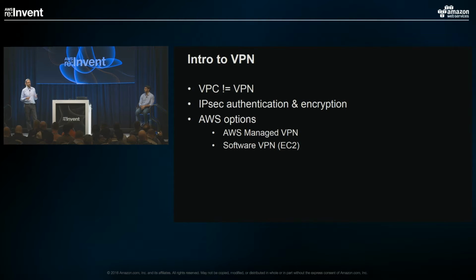This provides you with a very simple, quick, secure encrypted connection into a VPC. And then there's software VPN, which is essentially running a virtual VPN appliance on an EC2 instance, and then you are responsible for installing and managing the software and maintaining the tunnels. There are pros and cons for both approaches, and we'll be talking about those today.